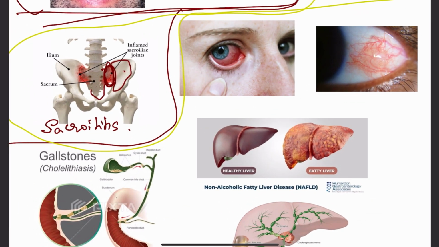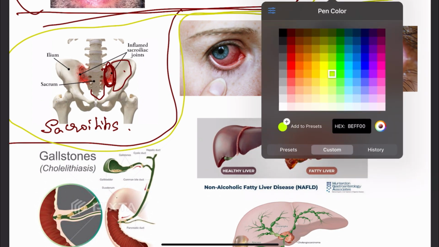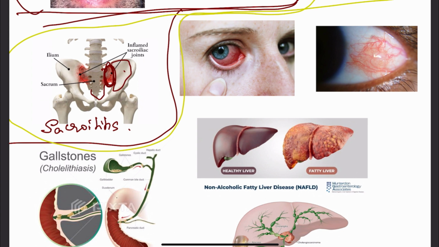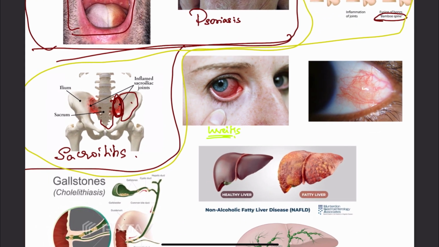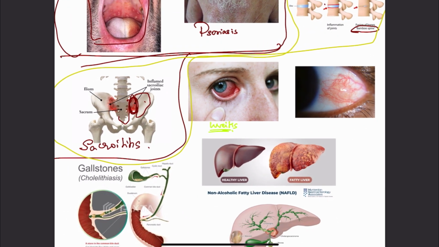Now, the ocular complications. In case of ocular manifestations, we have uveitis. Uveitis is the inflammation of uvea of the eye. So you know the uveal tissue, right? So that will be inflamed. Okay. So this is uveitis, and one more is episcleritis.